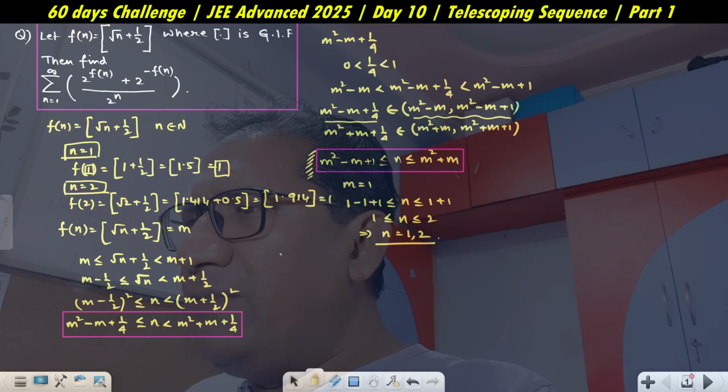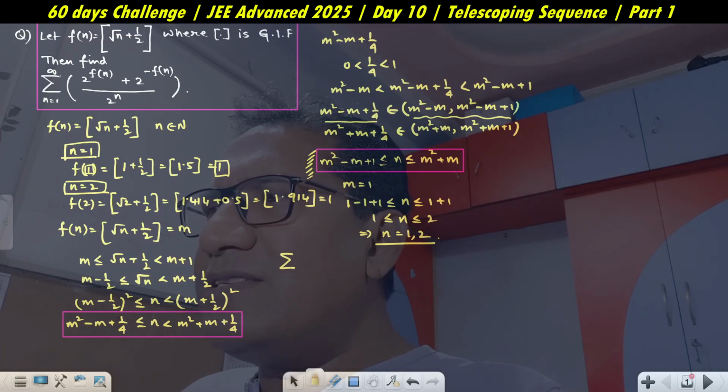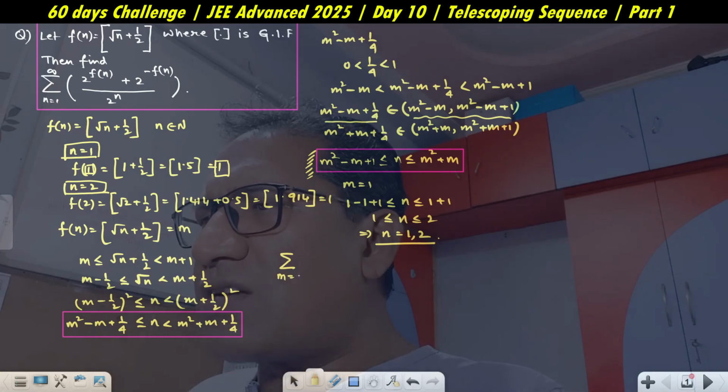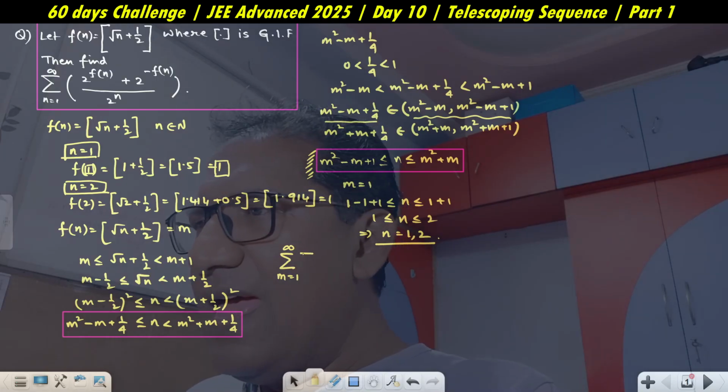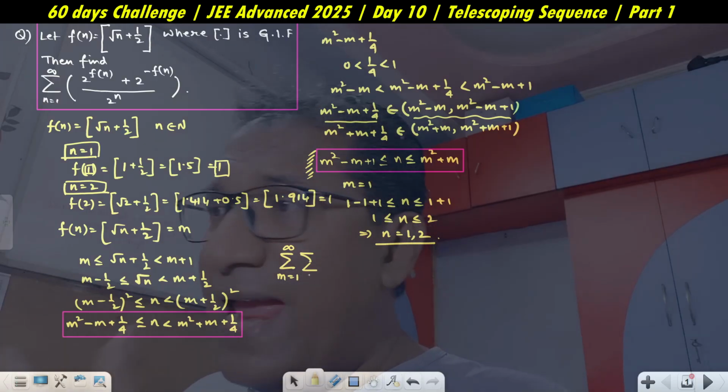We have been given sigma n starts from 1 till infinity. Okay, if n starts from 1 to infinity, then your m actually also starts from 1 till infinity. And I am introducing a second sigma. This is for your n.